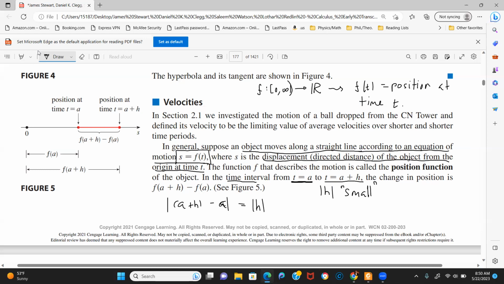The a's cancel out, and all you're left with is h, and we're starting with an h such that the absolute value is small. So this is going to be small as well. In other words, when you add this h to a, you're considering points in time that are very close to that initial time a.